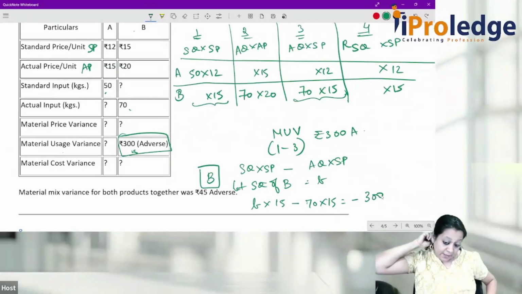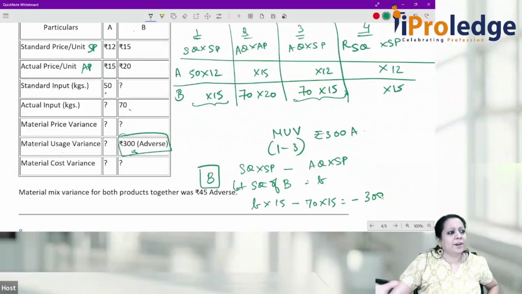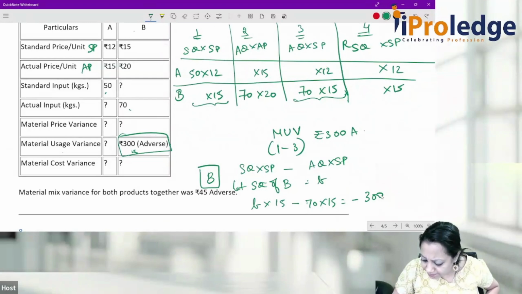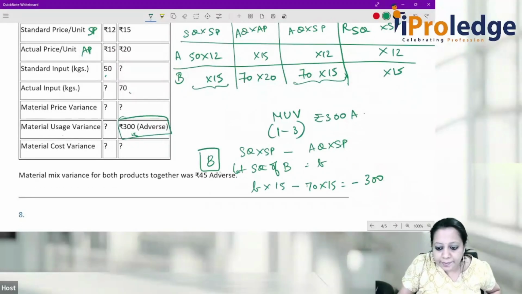So now let us see what is B. 70 into 15 is 1050, which will go to the other side. It becomes 750 divided by 15. Are we getting B is equal to 50? Yes. Very nice.